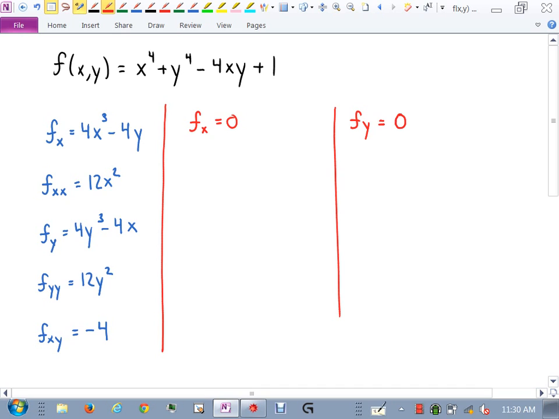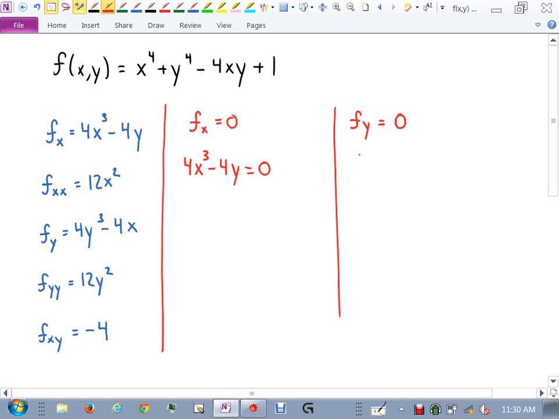You all understand what I'm saying? If I want the second partial, say fxx, that's okay? All right. So fx is 0, so that means I'm going to set 4x cubed minus 4y equal to 0. And then on the other one, or no, I'll just leave it there.